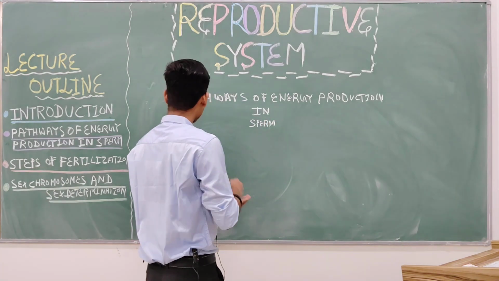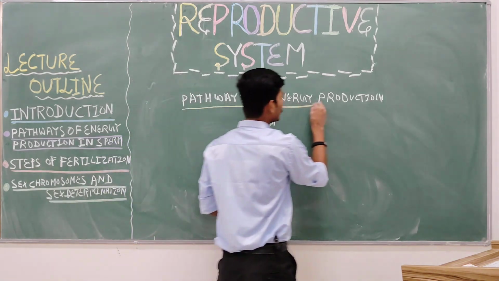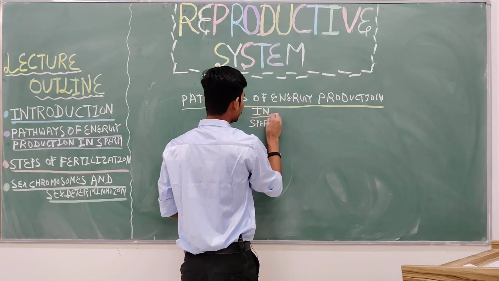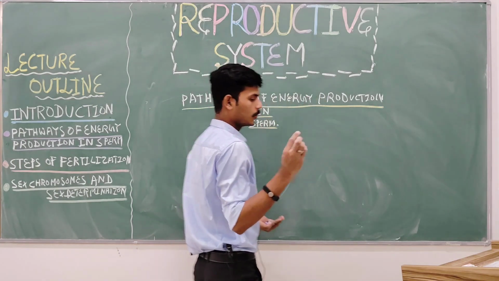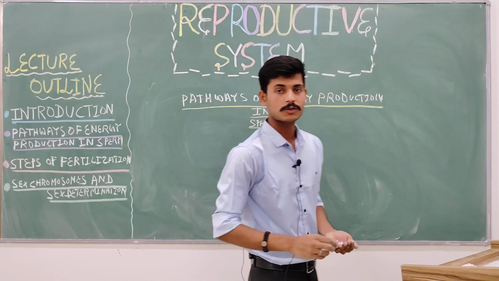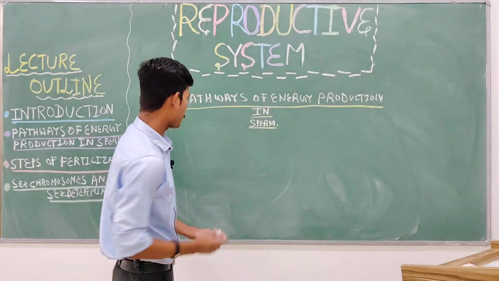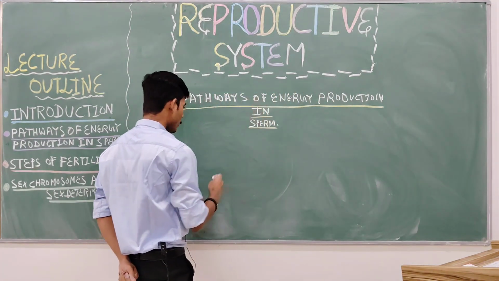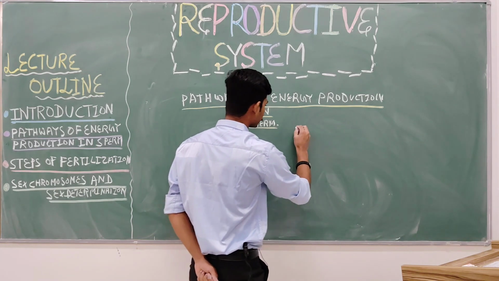Fine, no problem. Now it's very easy to understand. You know that sperm is also one kind of cell. Just draw one sperm.